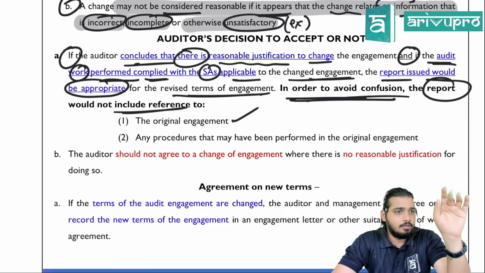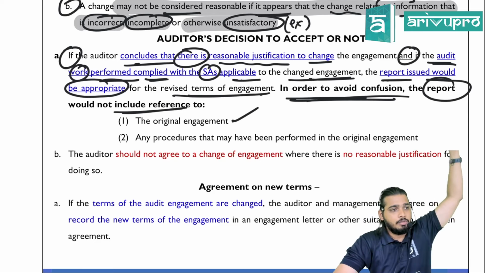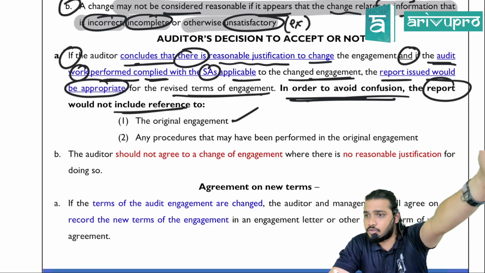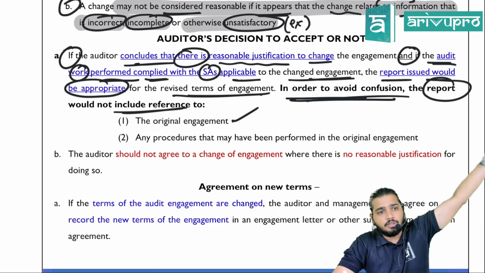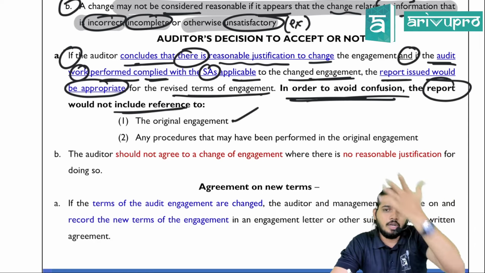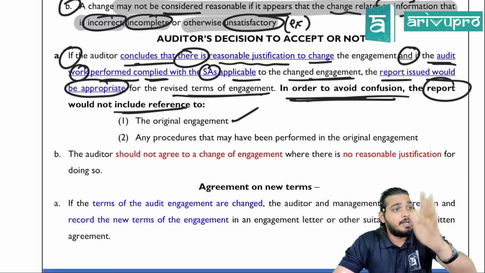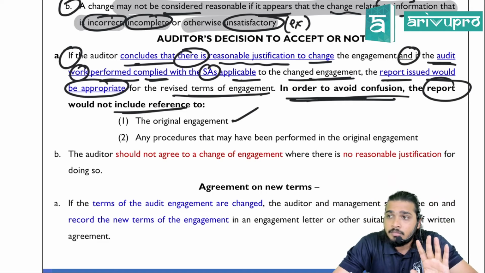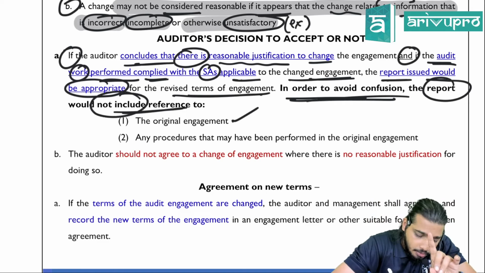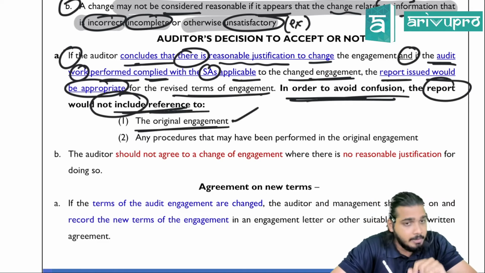Don't tell the investors that we had changed, because they get confused. If I tell you the old rule was this and the new rule is this, you will get confused about which rule to study. It is better to teach you only the new rule without telling you the old rule. That's why they say do not give reference to the original engagement.